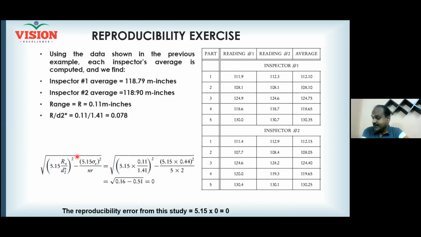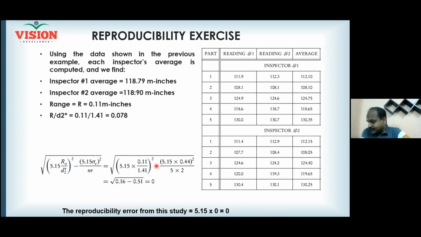Do you see subtraction here? Yes, right? So to eliminate that portion, you have this formula. This formula is nothing but 5.15 into sigma E. You know what is sigma E? Repeatability. Repeatability divided by N into R, right? And now N is the number of parts, R is the number of repeat readings, right?